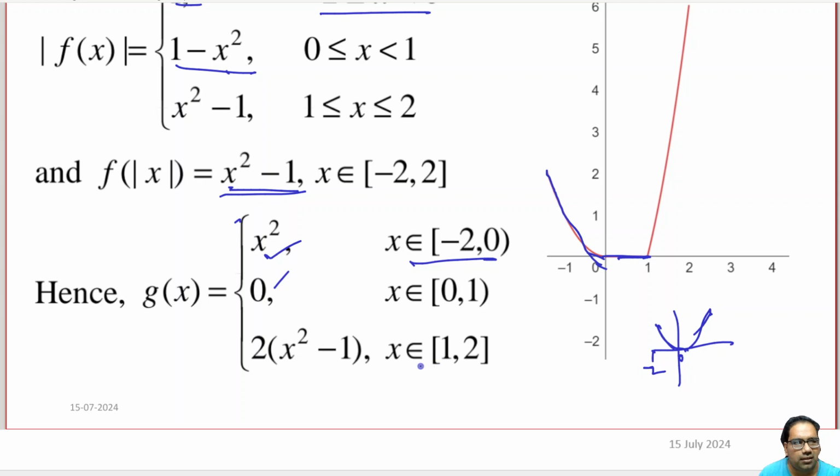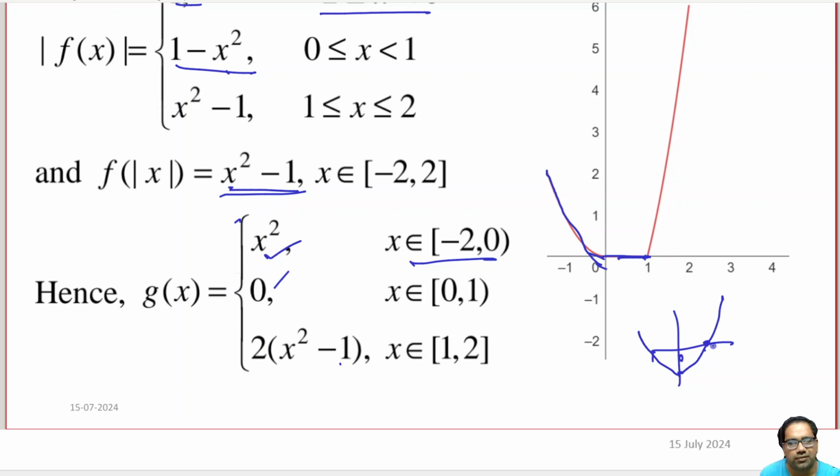And between 1 and 2, it is 2 times x square minus 1. What is x square minus 1? It is x square shifted 1 unit downwards, and obviously this is 0 when x equals 1.